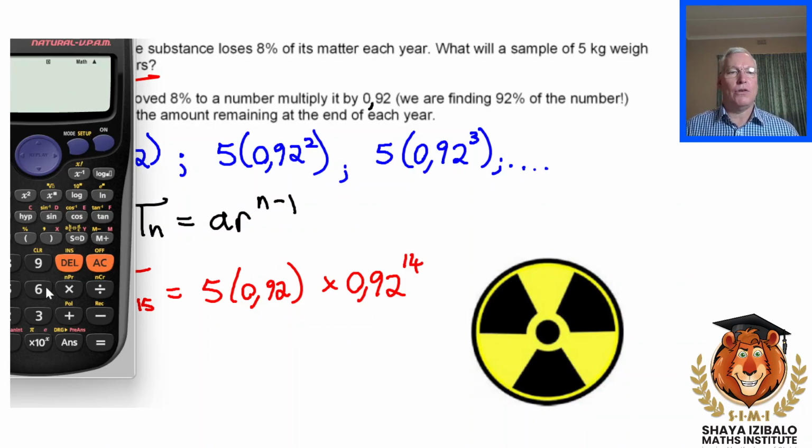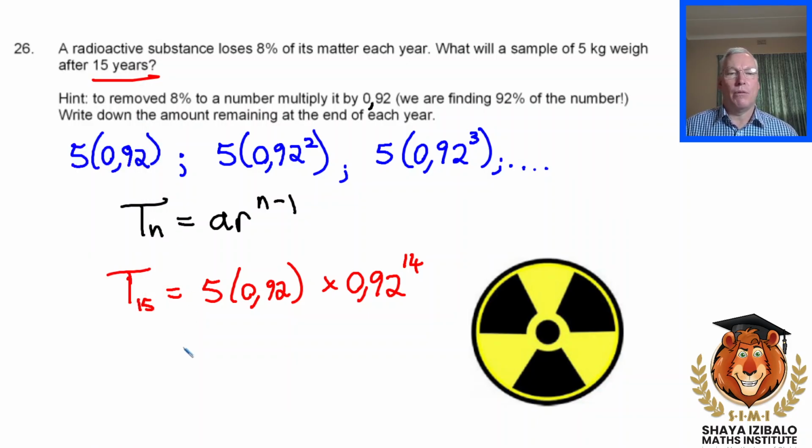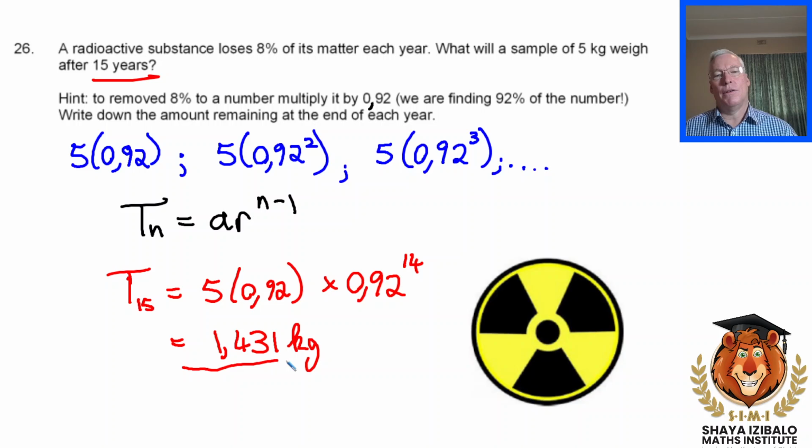Instead of multiplying 5 times 0.92 and then multiplying by 0.92 another 14 times, I'm going to multiply these two bases of 0.92. Remember, when we multiply numbers with the same base, we add the powers. So this is in fact just going to be 15, and there's the answer. It will be 1.431 kilograms at the end of 15 years.